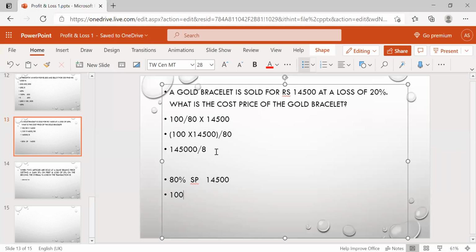Then 100% of cost price is question mark. Then we just do cross multiplication. Then also we'll get 100 into 14,500 by 80, same thing. If you calculate this, we'll get the same result, 18,125. So this is based on the percentages.